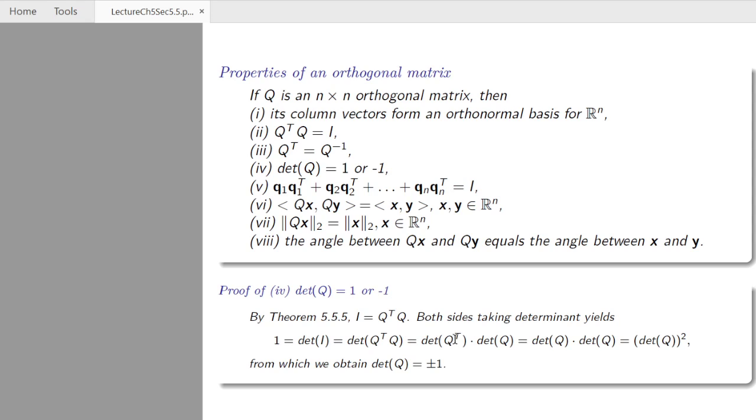But the determinant of Q transpose equals the determinant of Q, so we get this. That means we got the square of the determinant of Q. From this, we take the square root of both sides. We can say the determinant of Q is equal to 1 or negative 1. So in this way, we proved property 4.